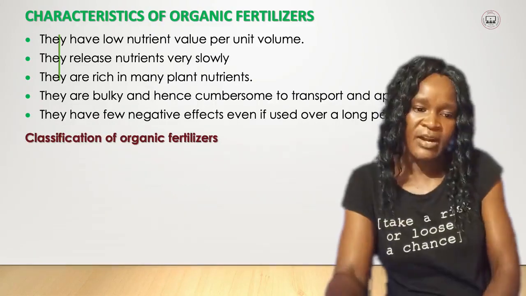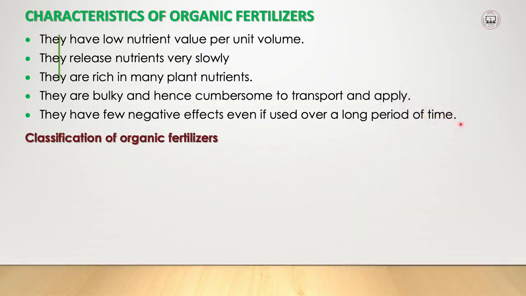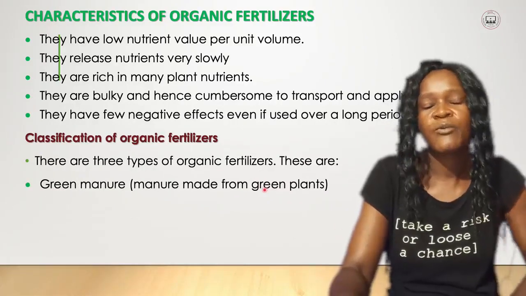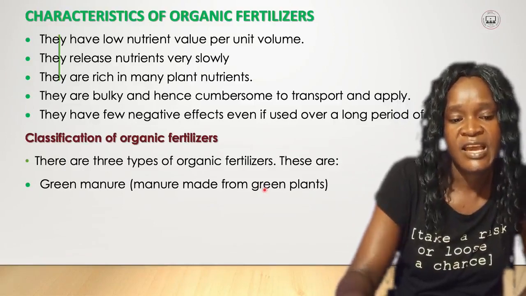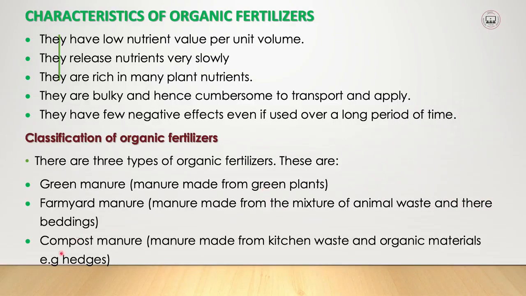Let us now classify these organic fertilizers further. Remember in Form 1, we classified these organic fertilizers into three: green manure, farmyard manure, as well as compost manure. In Form 1, we described green manure as manure made from green plants.